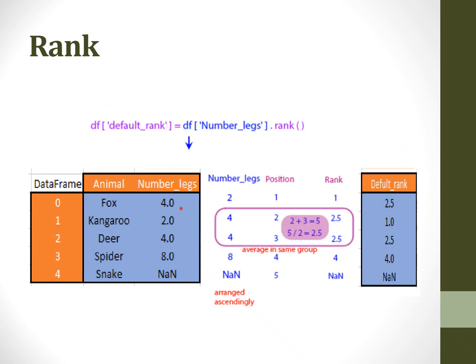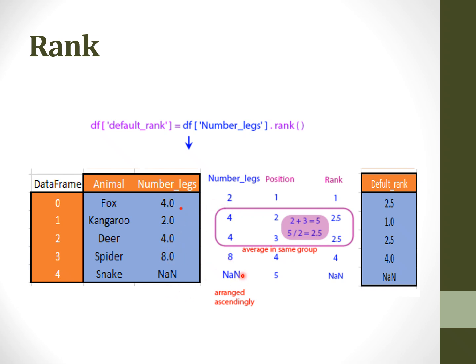Now if we give the command for default rank, we'll see what exactly is happening. This is the data frame which we have created, right? Now all the numbers of legs associated with the animals will be arranged in ascending order, starting from the smallest number, then 4, 4, then 8, then NaN.